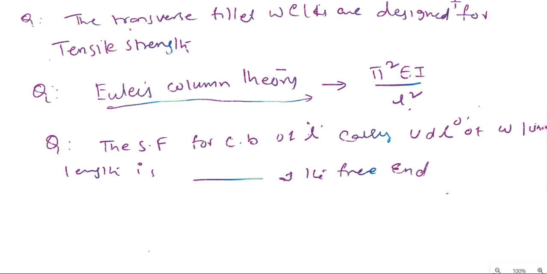For a cantilever beam, one end is fixed and the other end is free, and it is subjected to a uniformly distributed load. At the free end, the starting point, the value is 0. So 0 is the answer.